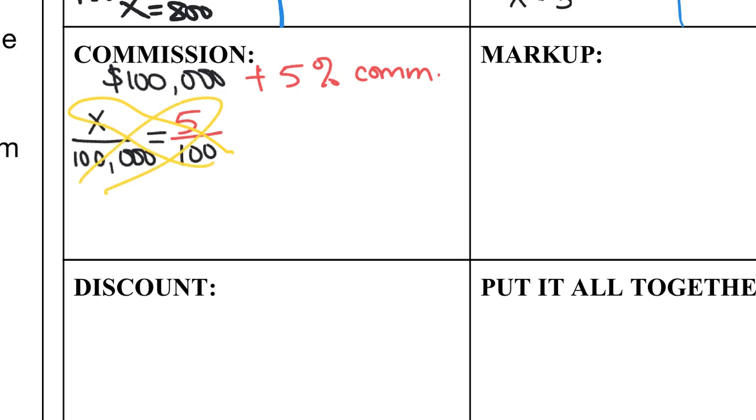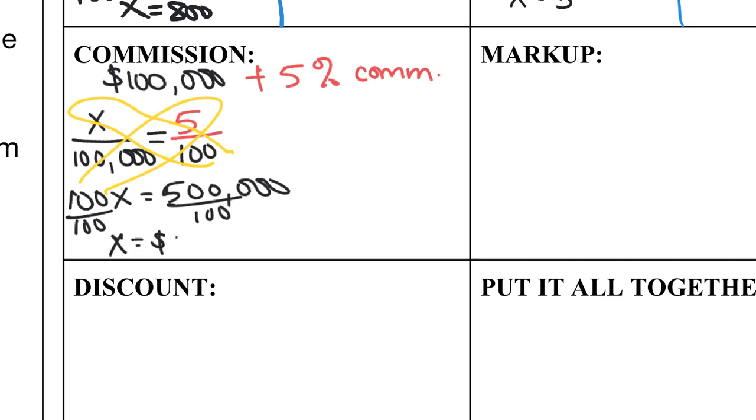So 100 times x, and then 5 times 100,000 would be 500,000. And then you would divide. You do your algebra here, you divide by 100. So our answer is $5,000 if you pump that into a calculator.